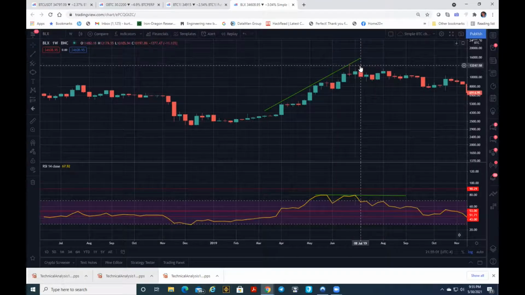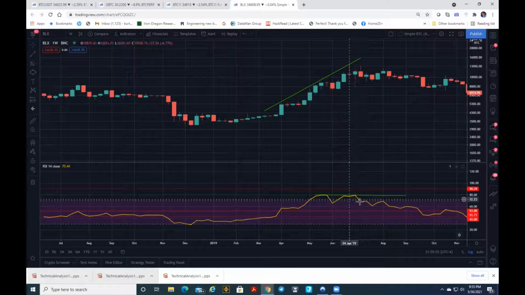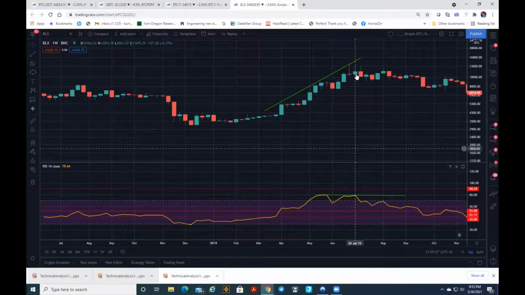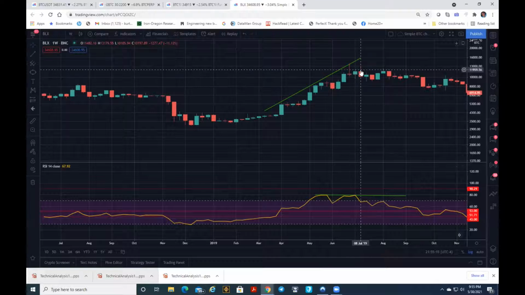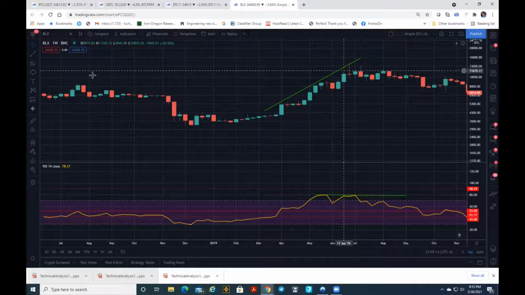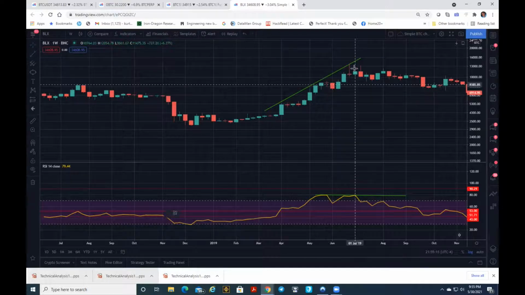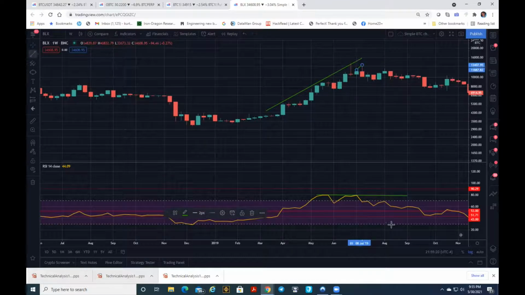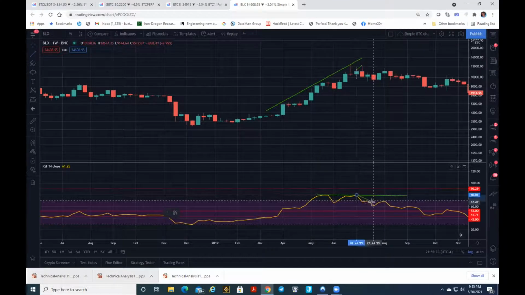Then it goes up again and tries to push, which is not divergence again because it doesn't go higher, but it goes higher than this week and it just does more divergence. Higher high right here. If I looked at this on the daily, it would show it a little bit better. Higher high, lower high, divergence.